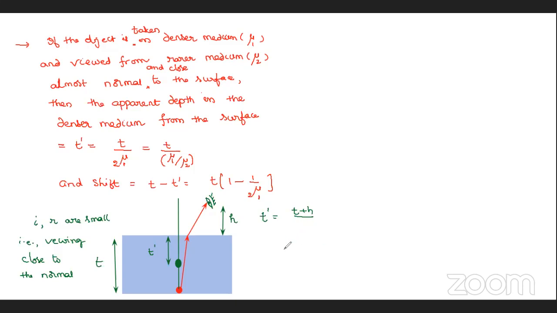Very good. Here the refraction we consider is for the object placed in a medium, which we observe from the other medium. We are viewing in this medium, which is the rarer medium mu2.